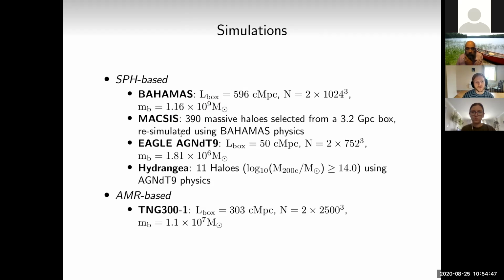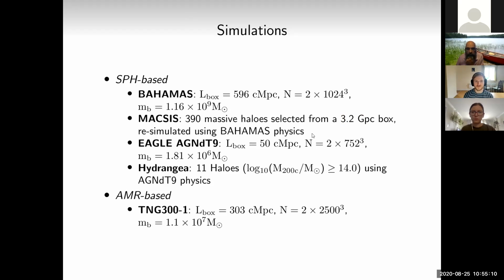So I supplement this with Maxis, which is a zoom simulation where you use a much larger box for a dark matter simulation, and select the structures that you know are going to grow into really big ones, and put a hydrodynamics box around them, and re-simulate them again using Bahamas physics.